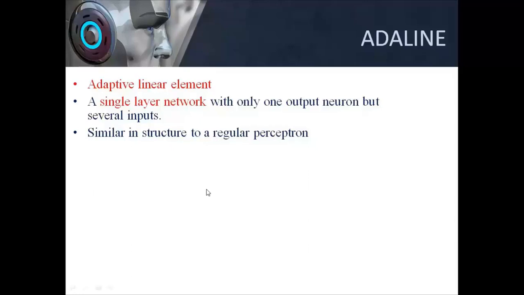But what difference it has from a regular perceptron is in its learning, and in restricting the bias or the threshold always to plus 1. So the output of the adaptive linear model is restricted to bipolar output, that is -1 and +1, because it is going to work only for linear activation functions.